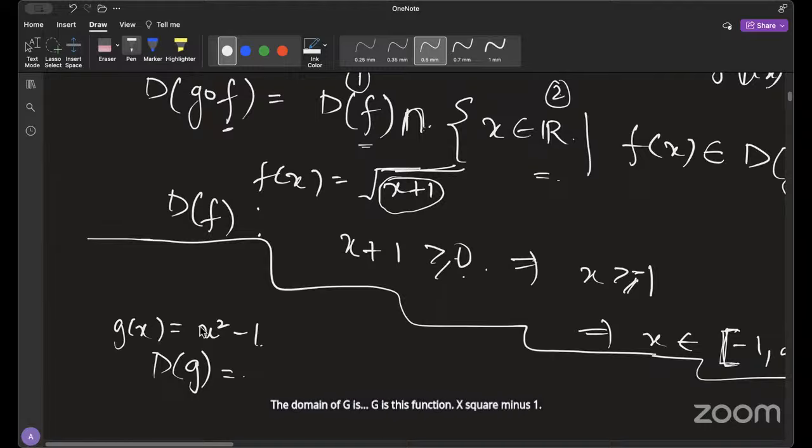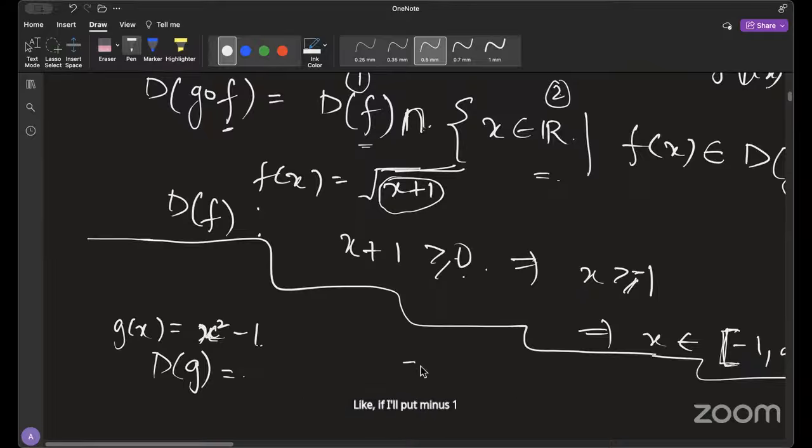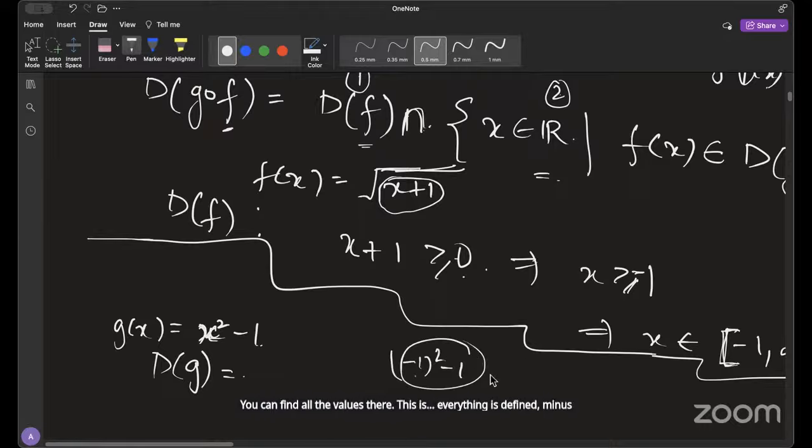Whenever we talk about the domain of a function, we basically mean all the values that we can substitute in place of x, so that the expression would make sense. Like if I put -1 in place of x, I'll get (-1) squared minus 1. Now this expression makes sense, right? Everything is defined here. (-1) squared is 1, then minus 1, you'll get 0 here.